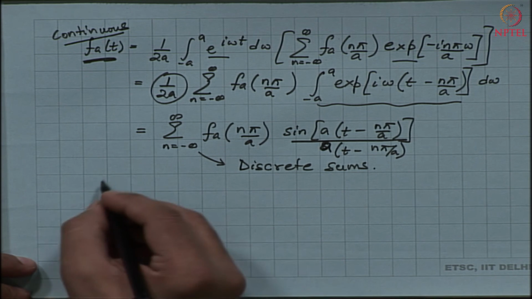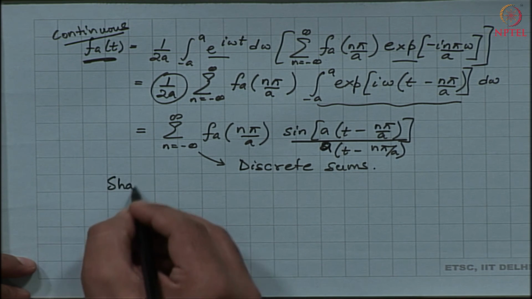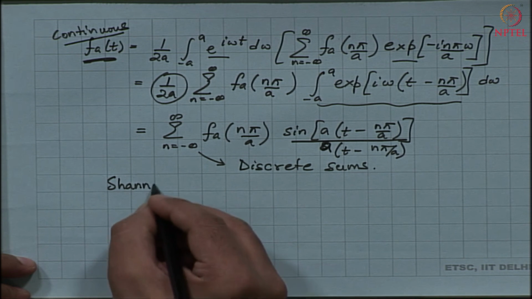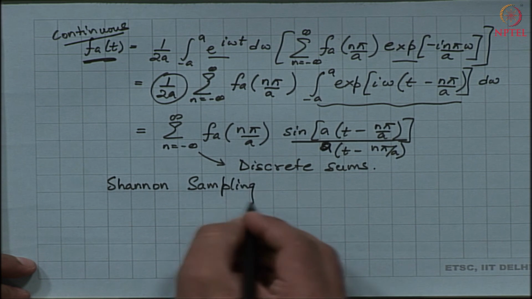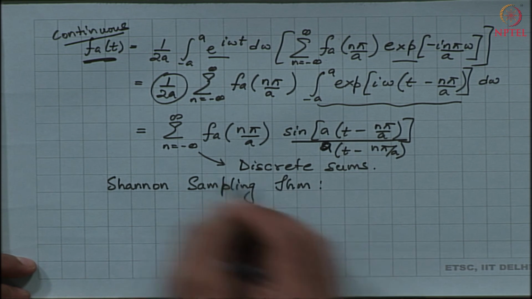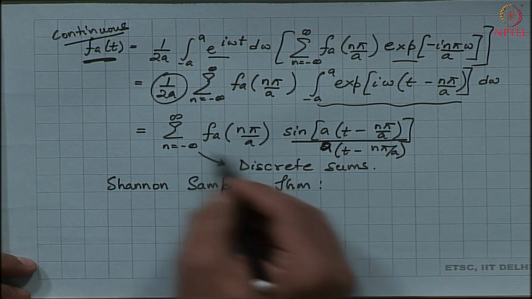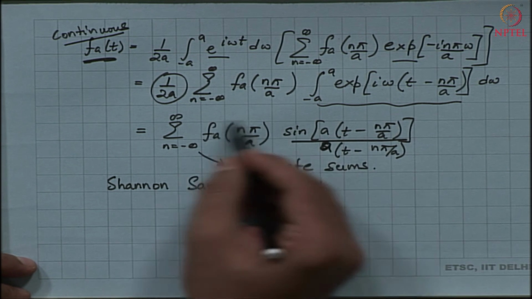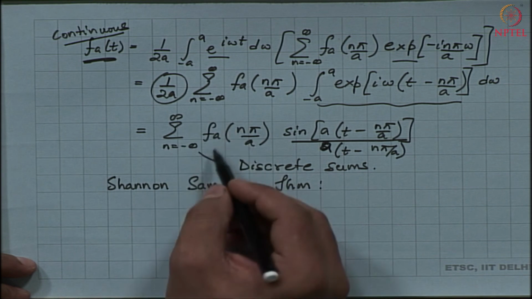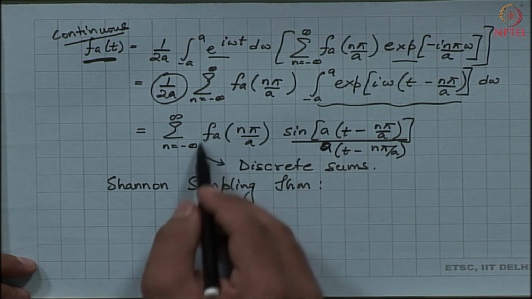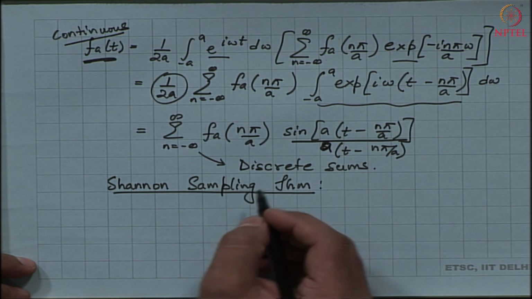So, this is the result that I was trying to arrive at, also known as the Shannon sampling theorem, and what it says is that I can represent my continuous function by an infinite sum of discrete functions, or if I have some discrete signals, I can construct my continuous signal by the following summation of the discrete signals. That is the power of the Shannon sampling theorem.